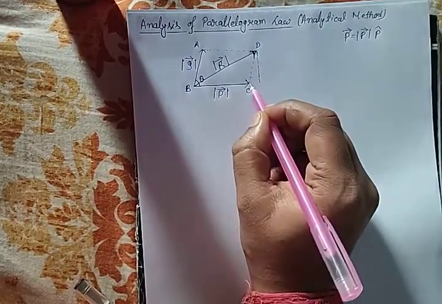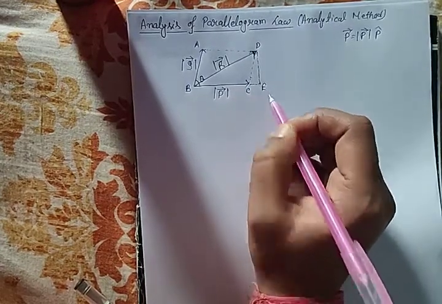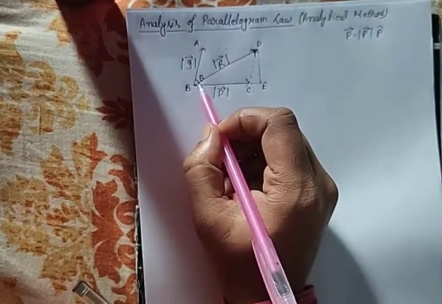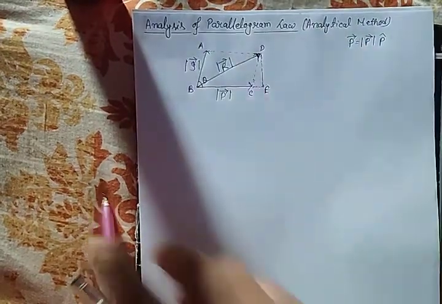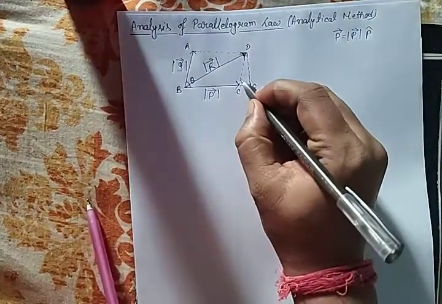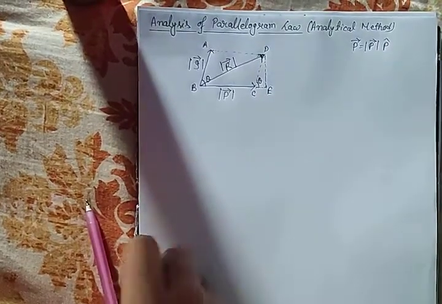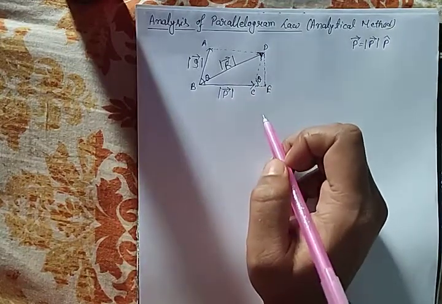Now let us draw a perpendicular and let us extend this line. So suppose I am naming this point as E. Okay. Now if this angle is theta, then this angle will also be theta. Now you have to tell me, what is the value of DE perpendicular?